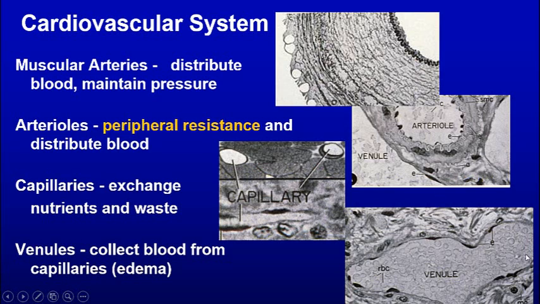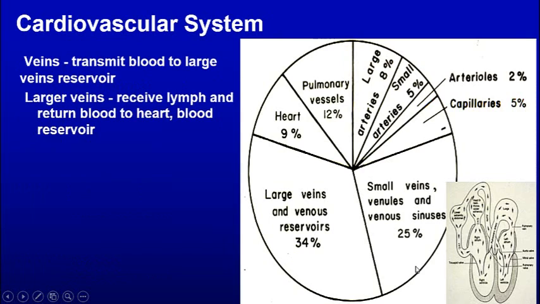So for the venules you have an irregular shaped lumen, a thin wall, and a large lumen in relation to the thickness of the wall. Here we see the veins; they transmit blood, and large veins also transmit blood, and they're a reservoir.